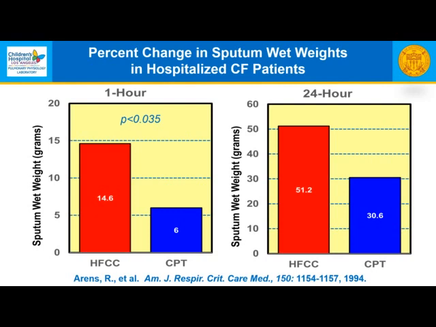He also measured the sputum wet weight in terms of grams over a 1-hour period and a 24-hour period, and there was a significantly increased amount of sputum at 1 hour with the vest compared to the CPT, but there was no significant difference at 24 hours.